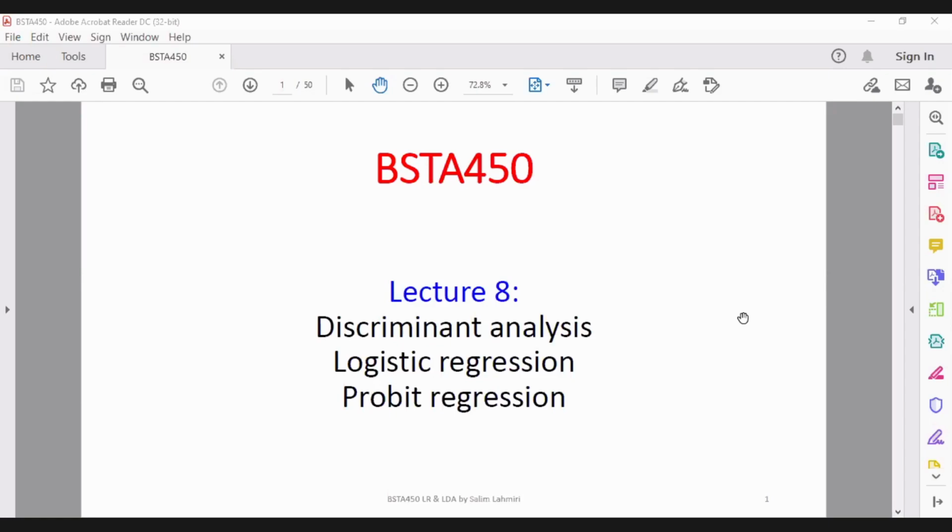In these applications, standard multiple linear regression analysis is no longer appropriate, and we need to apply advanced models which are nonlinear in nature, like discriminant analysis, logistic regression, and probit regression.